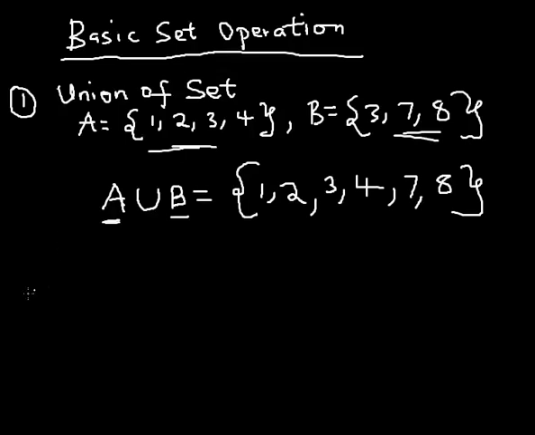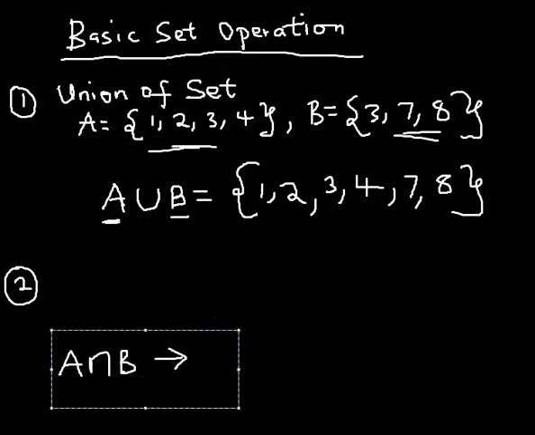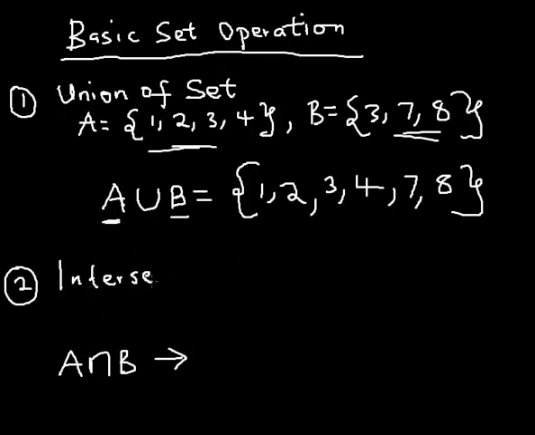Number 2. Let's look at A intersection B. So this is the intersection of sets. Invariably it's the intersection of, let's say, two sets at a time.